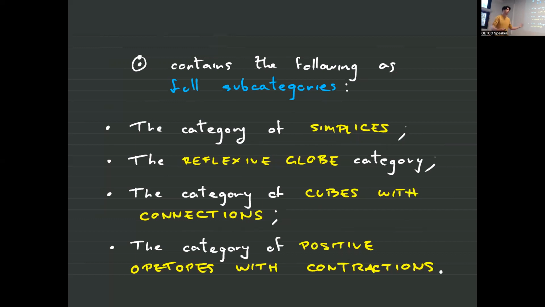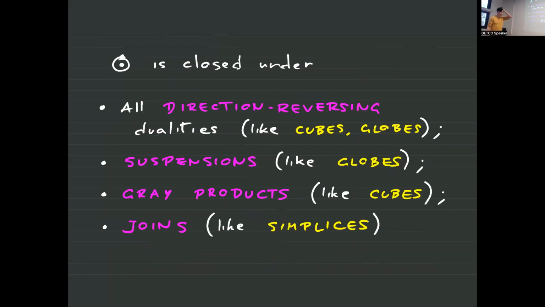I'm not going to define what these are, so this slide is only for those who are already in the know. And furthermore, what's really useful is that this category is also closed under a bunch of operations, ways of putting together shapes.